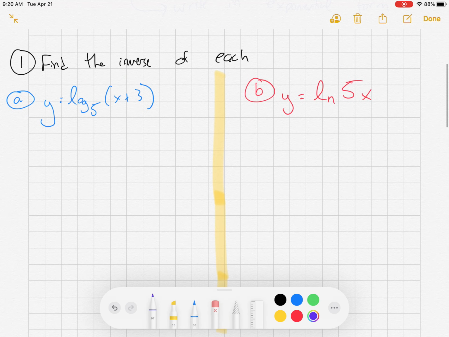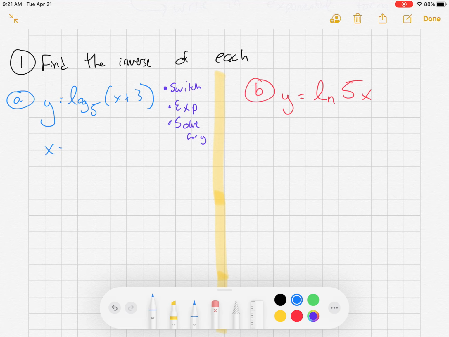So ISS: to find the inverse, switch x and y, write in exponential form, and then solve for y.